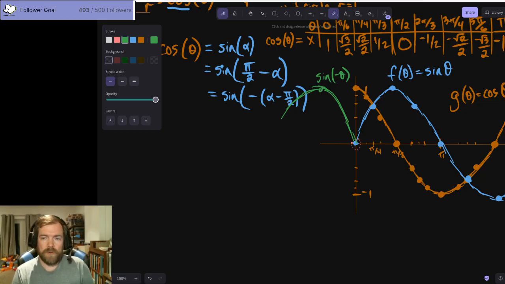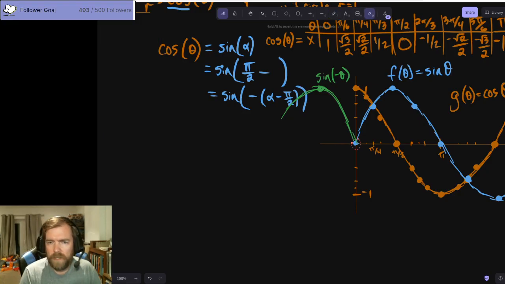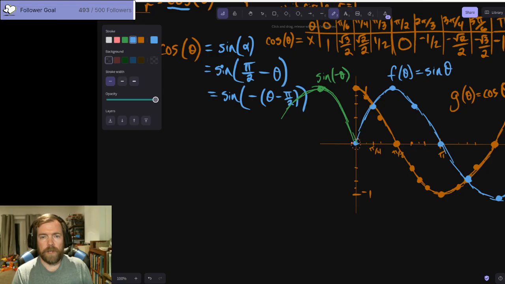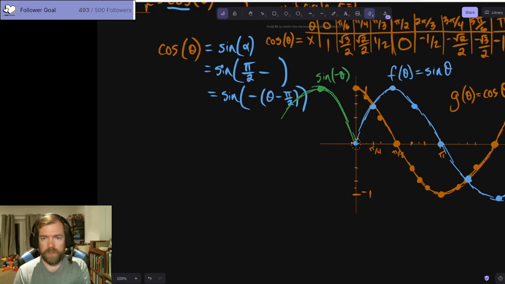And then what do we do? Well, that would need to be shifted to the right, alpha minus pi over 2, shift it to the right. Oh, sorry, that should be theta here and here, because we changed alpha to become pi over 2 minus alpha.